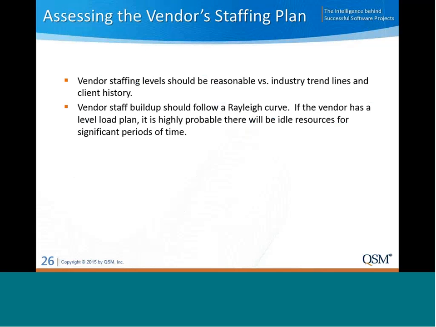In summary, you want to assess the reasonableness of staffing versus industry trend lines and client history, and also take a careful look at the vendor's planned staffing buildup. Does it make sense? Do they seem to be applying staff when they're needed, or on the other hand, are they giving you a standing army that you're going to have to pay for, who are not necessarily productive?